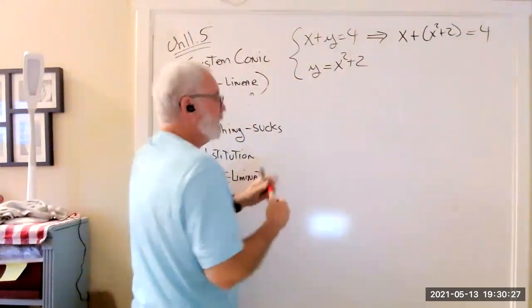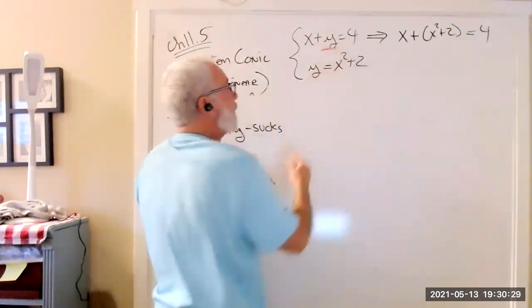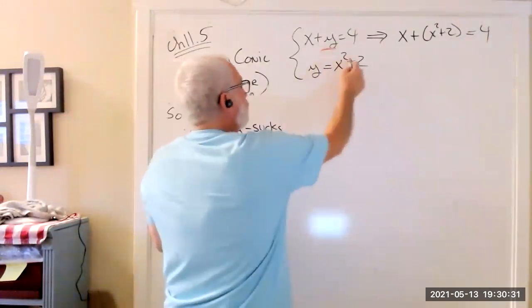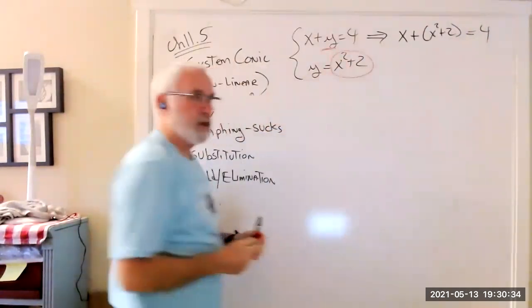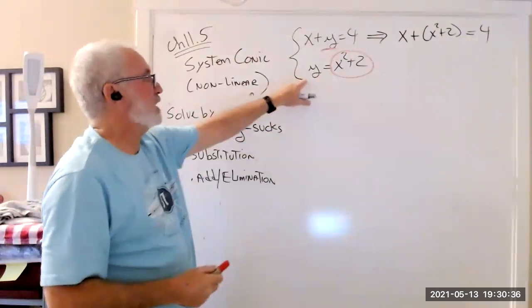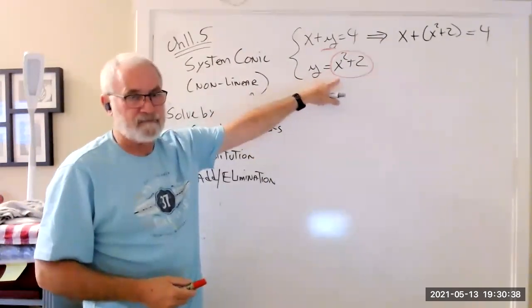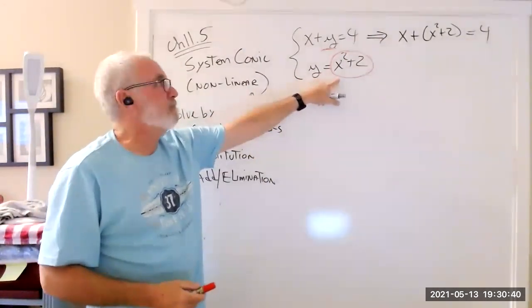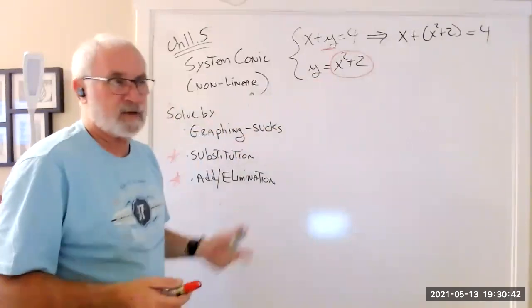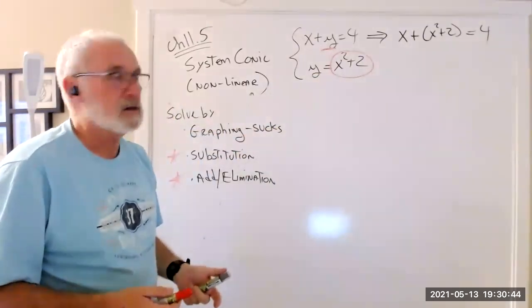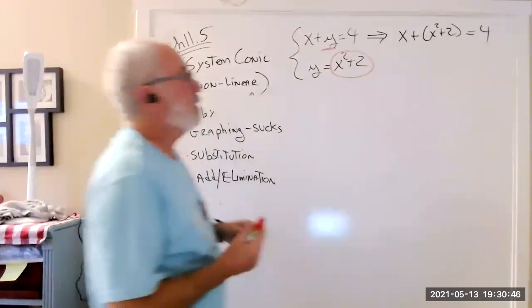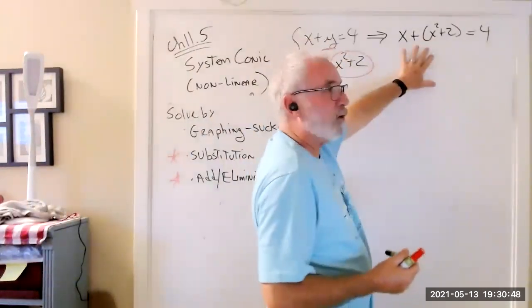Because what I'm doing is replacing this y, substituting this y for this thing, because the second equation tells me I can. Does that kind of make sense to everybody? Is that okay? Well, now the game is solve that equation.